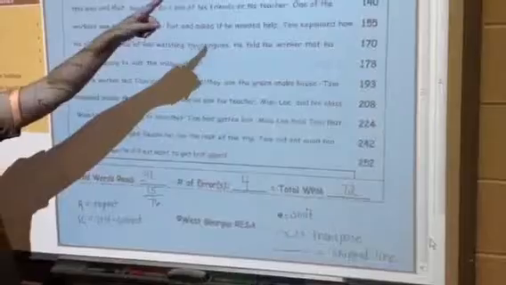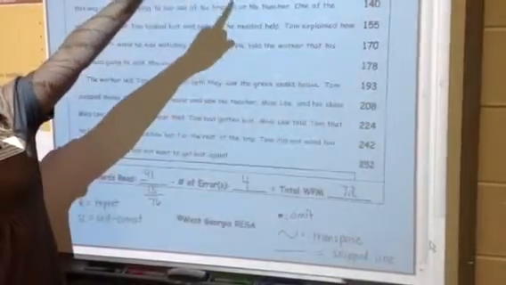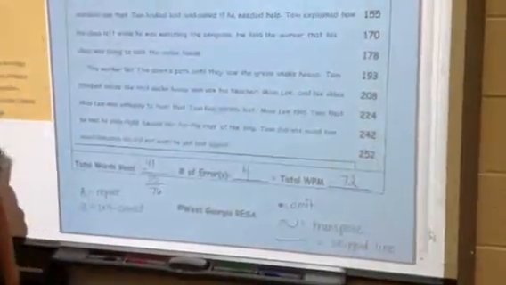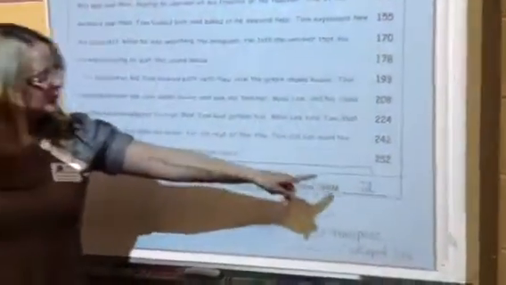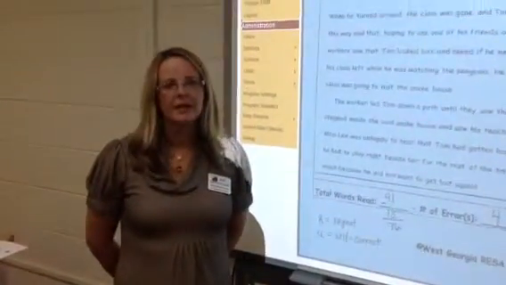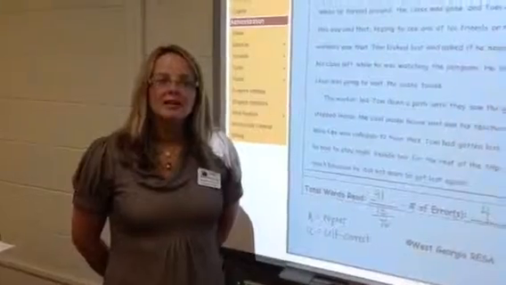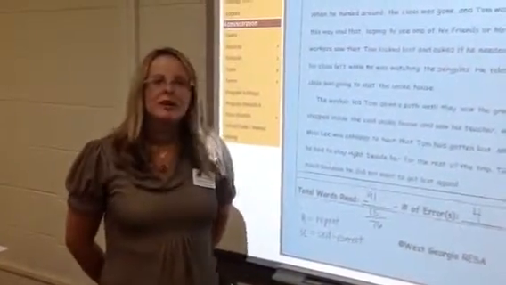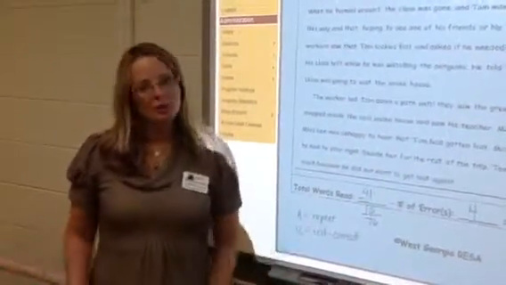Then I had 4 errors, 1, 2, 3, and there's one more, a fourth one up there. So 76 minus 4 equals 72. I read 72 words per minute. The next step to do is to put this in the computer and figure out what 72 words per minute means.